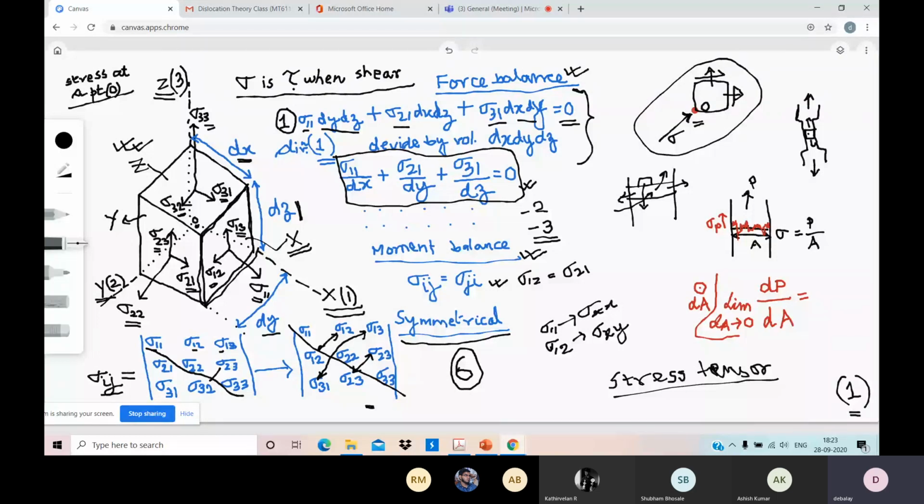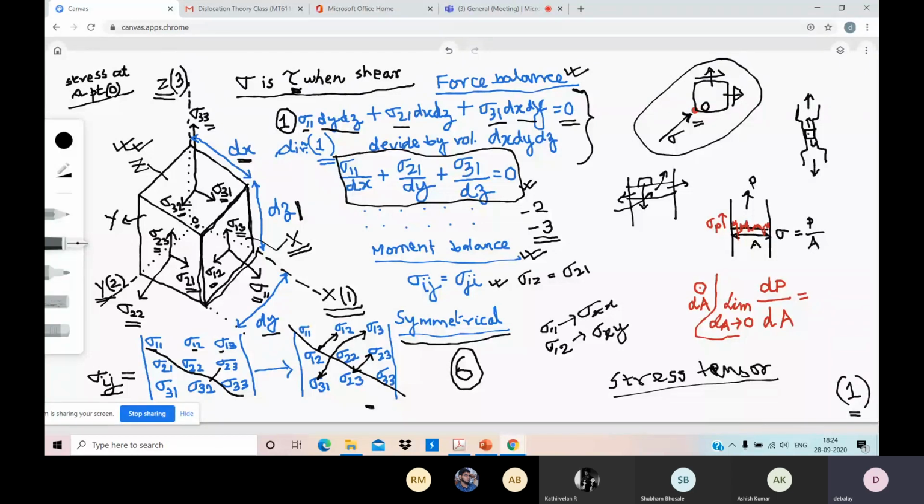And one small additional piece of information: when it is shear stress, often the symbol sigma is replaced by tau, because we use tau to represent shear stress. You can write it as sigma, but you can also use tau to distinguish between normal stress and shear stress.